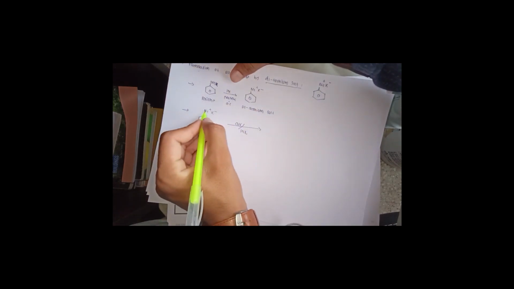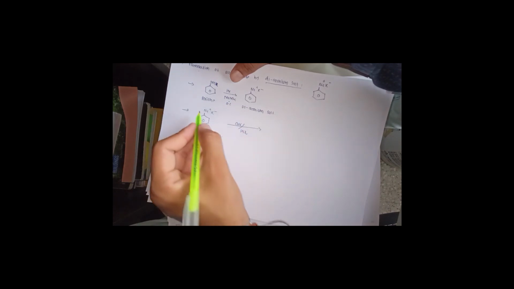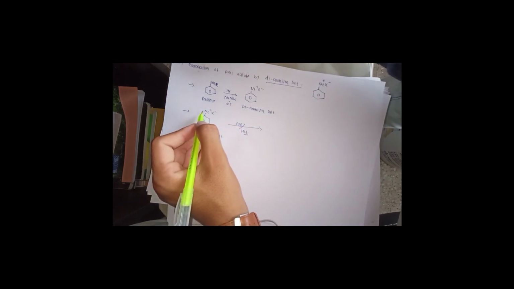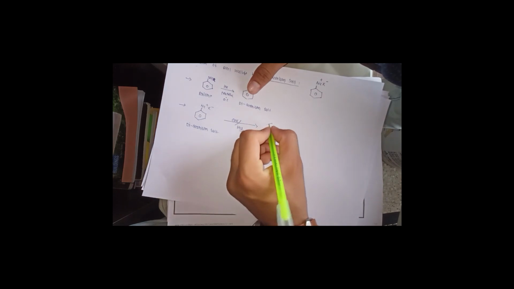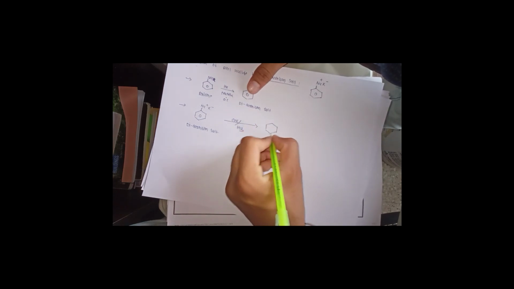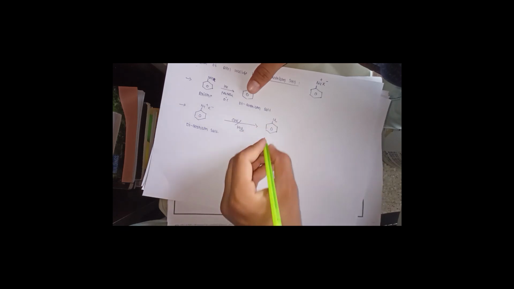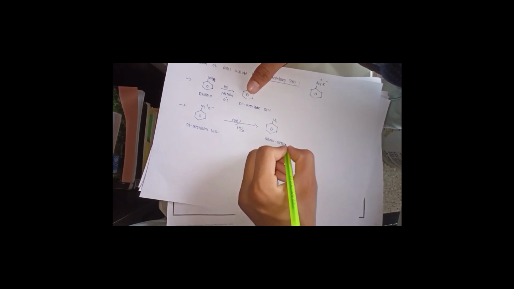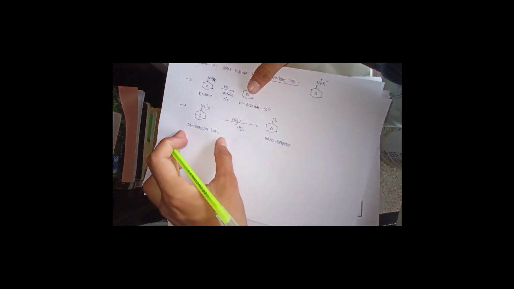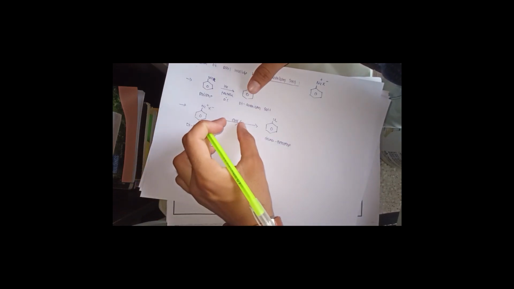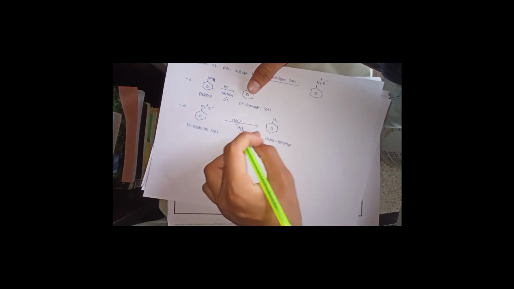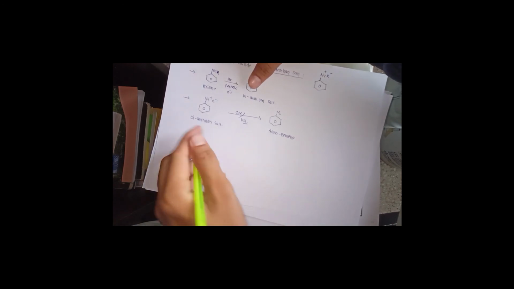The nitrogen atom is replaced and a chlorine atom is attached to prepare chlorobenzene. The diazonium salt reacts with copper halide in the presence of HCl to prepare chlorobenzene.